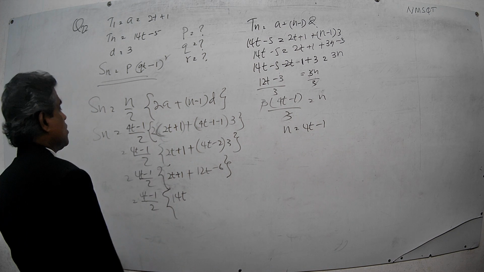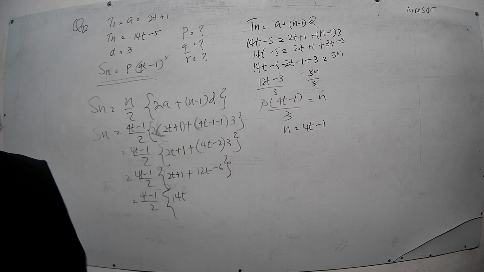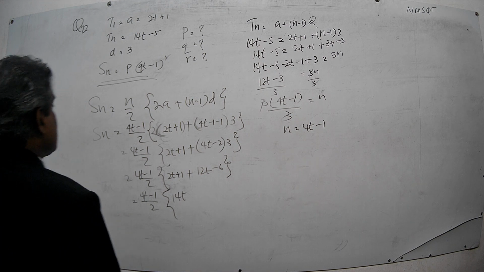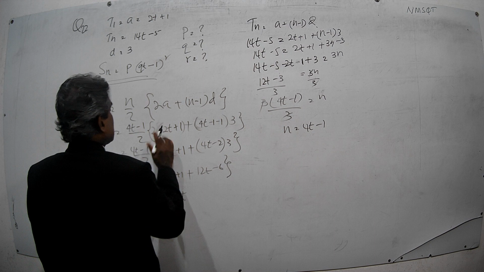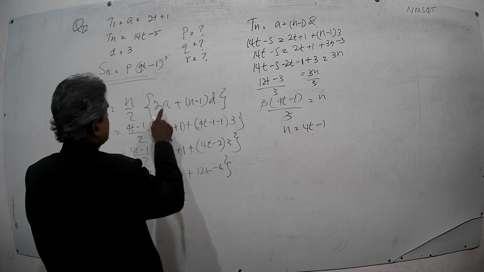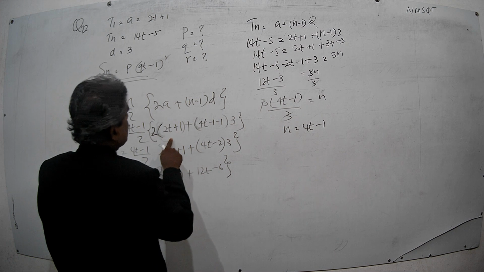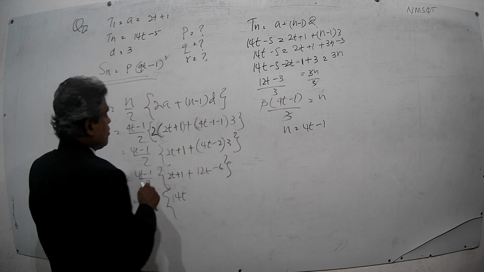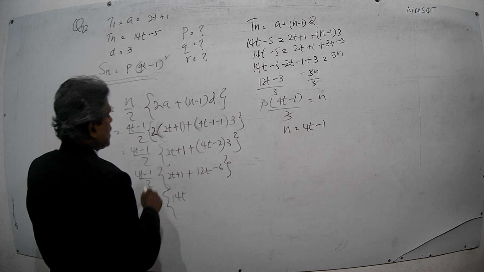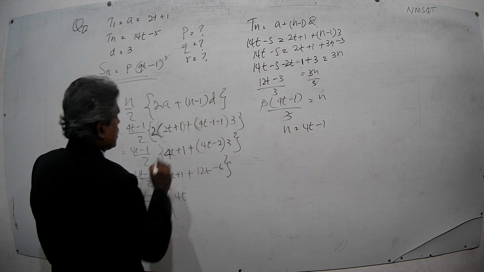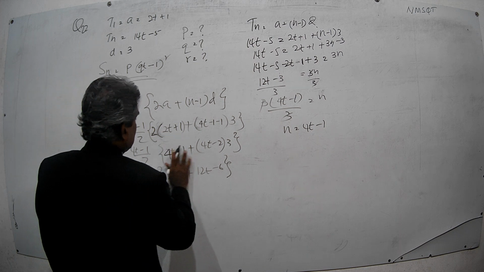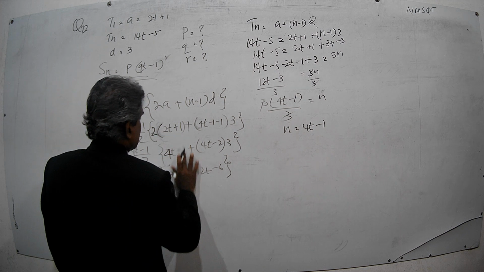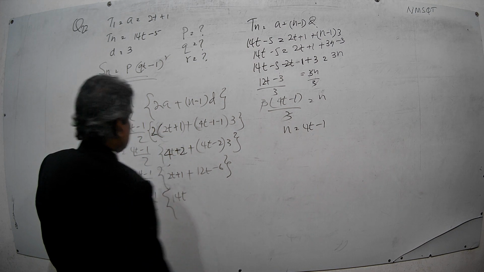That is how it comes. This whole thing multiplied by this 2. This is the a term. Then there's a simplification here. Then you remove brackets, 2 times 2t is 4t, and 2 times plus 1, plus 2 actually.